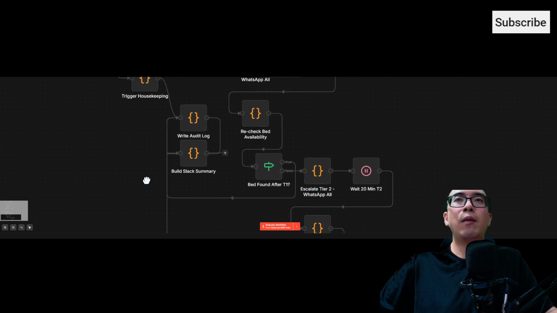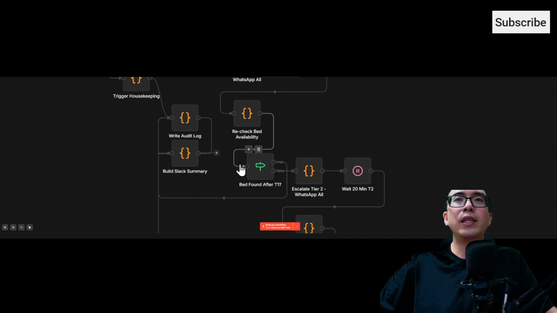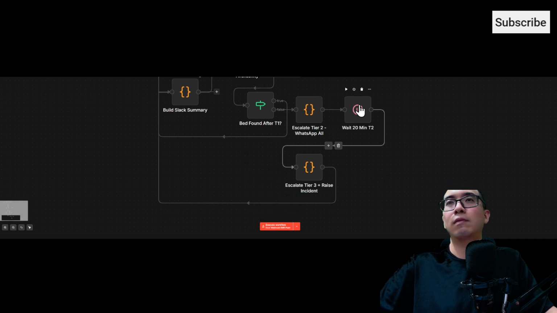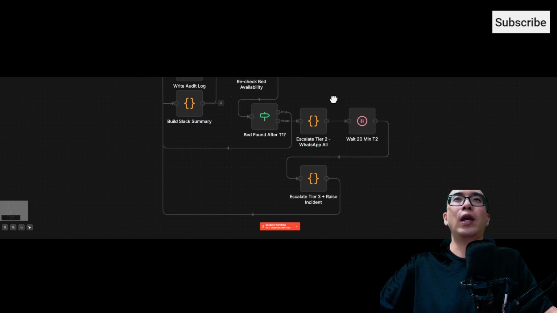If a bed is found after the tier 1 check, there's no need to escalate to tier 2. But if we still cannot find a bed, it goes to tier 2 WhatsApp. If it needs to escalate to tier 3, it's a big issue, but more often than not, it goes to tier 2 at most.